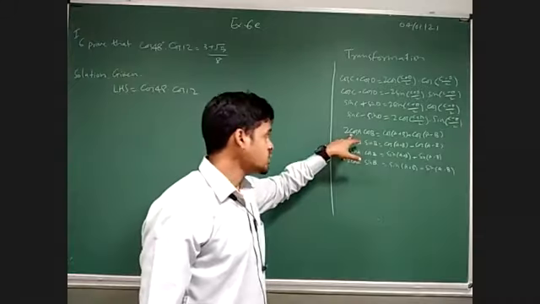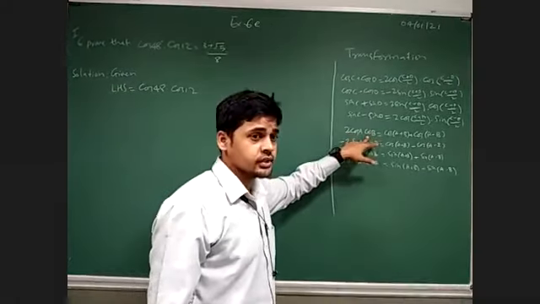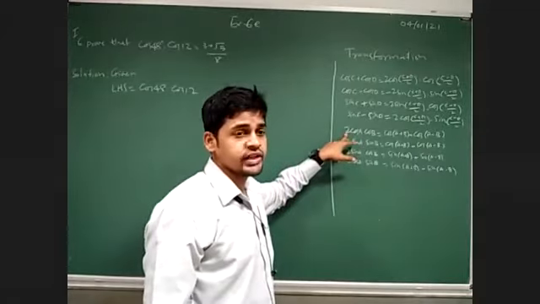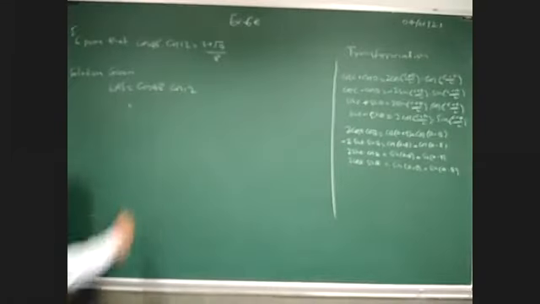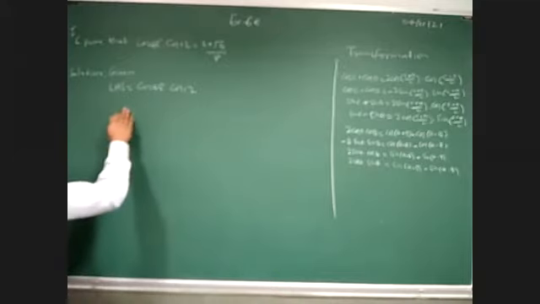So here we are going to use the formula for cos A cos B, but we need 2. So here we have to adjust: we have to multiply and divide with 2.